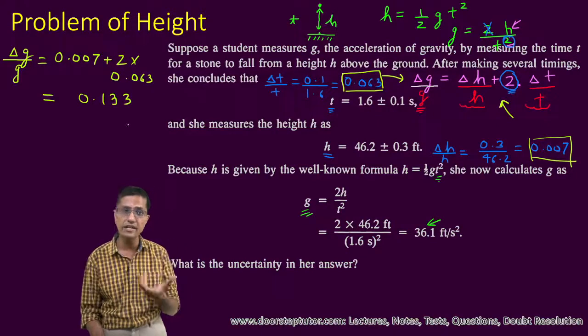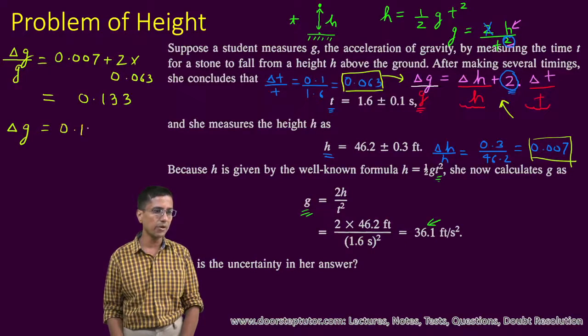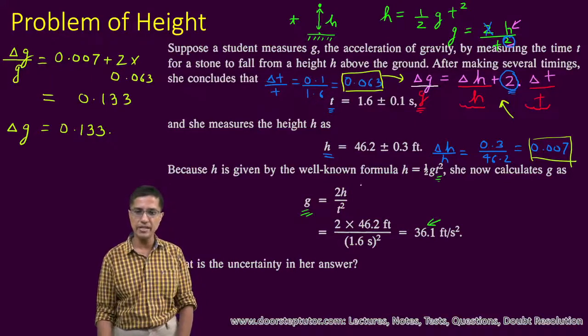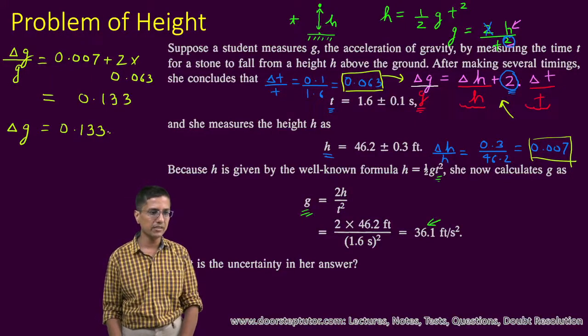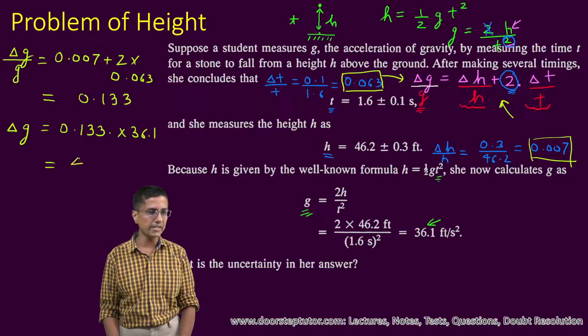Of course this is relative error, this is delta g by g, so absolute error delta g is equal to 0.133 multiplied by g. G we have already computed, 36.1, so this becomes 0.133 times 36.1, and if you find this out, this will come out to be 4.8.